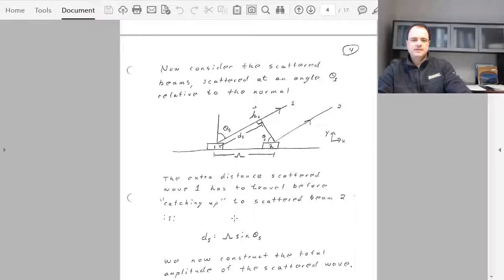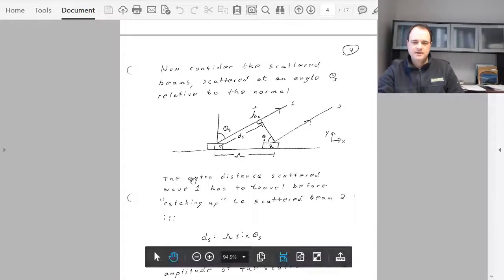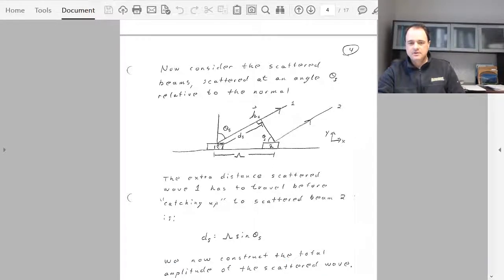Now let's look at the scattered beams. So now we isolate out the scattered beam, k sub S, coming out, all right? And so we look at this component of the spherical wave coming out, the component with a plane wave with k sub S, and we look at the same component that's coming out of scatterer number 2.